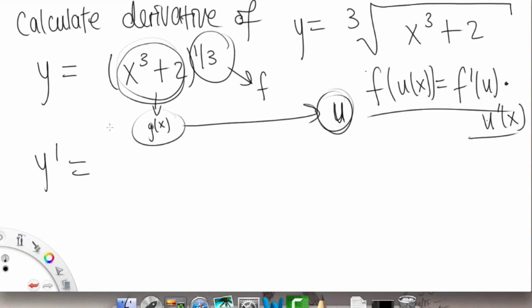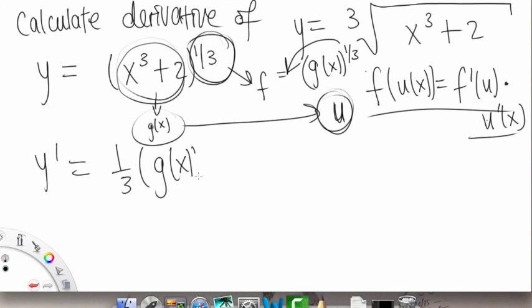Okay, so anyways, if we differentiate the outside function, in this case it's our g of x raised to the 1/3 power. We're going to bring down that 1/3 in front, 1/3 times g of x, and then if we subtract 1 from the exponent, we have 1/3 minus 1. And then we're going to multiply this times whatever g prime of x is.